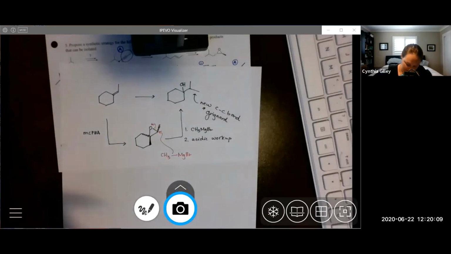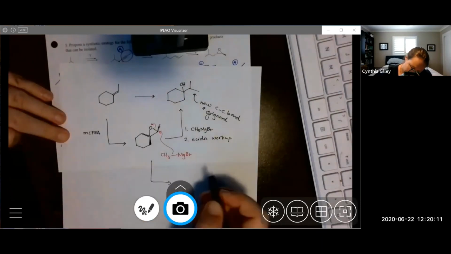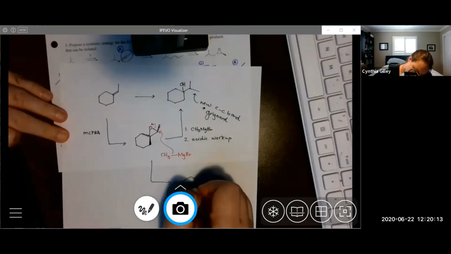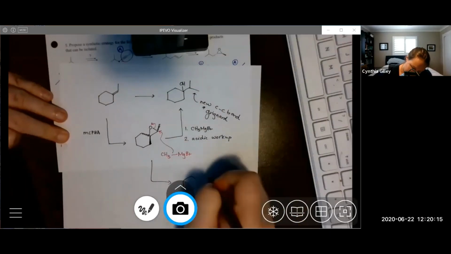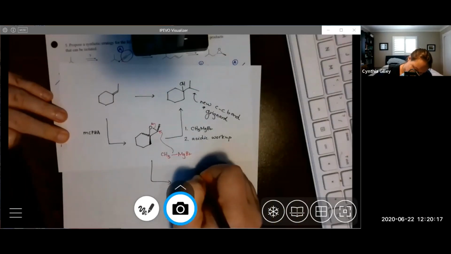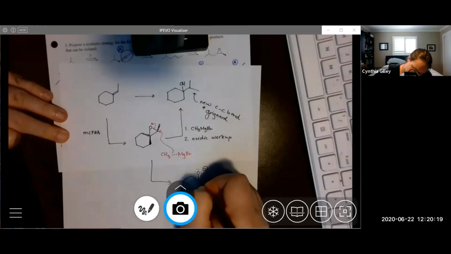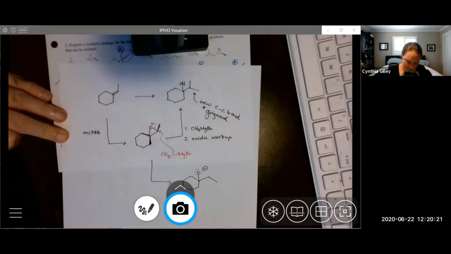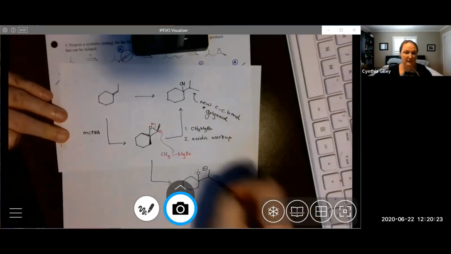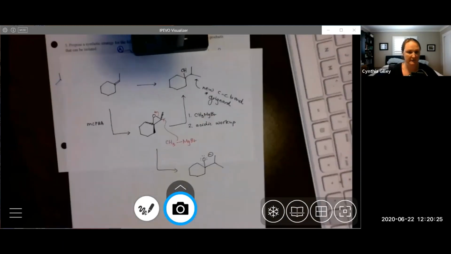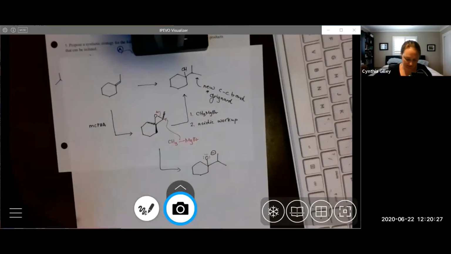After it does that attack, we get the alkoxide, and then we just need the acidic workup to get to the product.